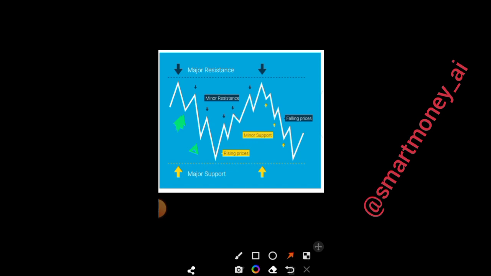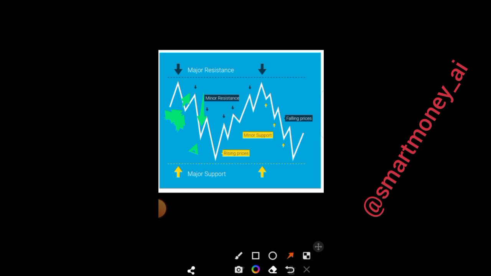But what happened when they were able to push price a bit upwards? Price decided to break through them again, so they become our minor support. Though price reacted, price reversed, they couldn't hold price.